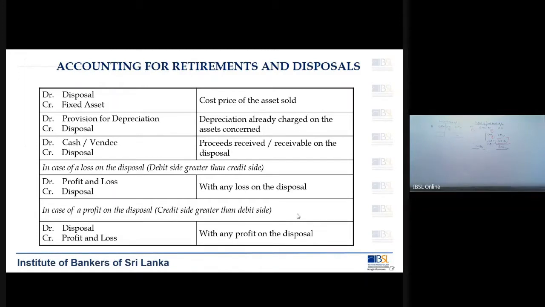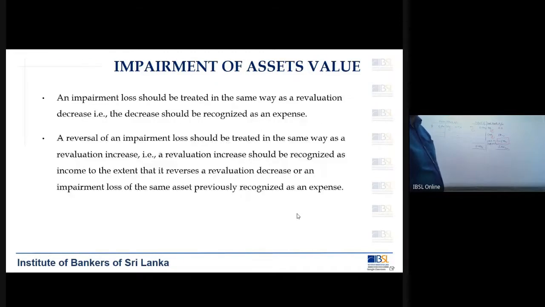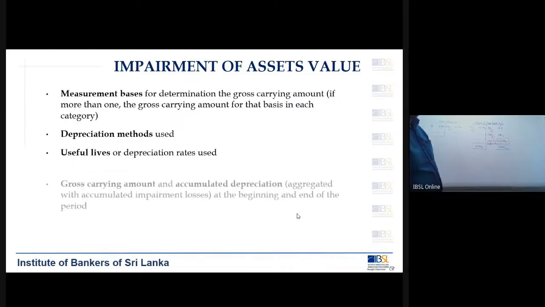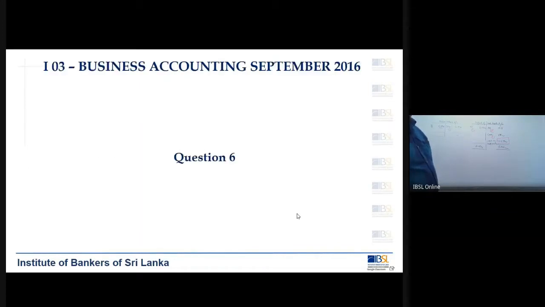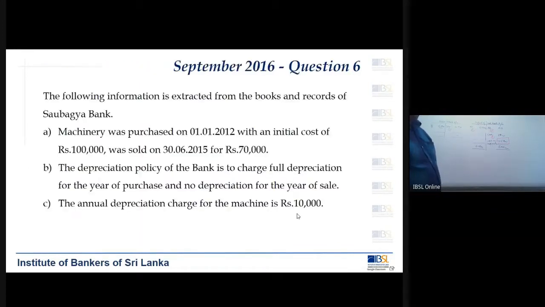Okay, right. So the next two slides I want you all to just read, because it's too early for us to learn what impairment is. Once we do the impairment topic, we will come back and look at this, or maybe you can easily understand it. Thereafter, I have given you a question from September 2016.